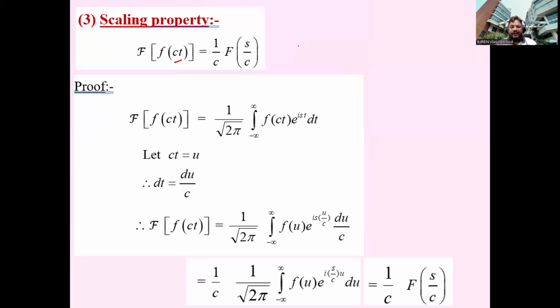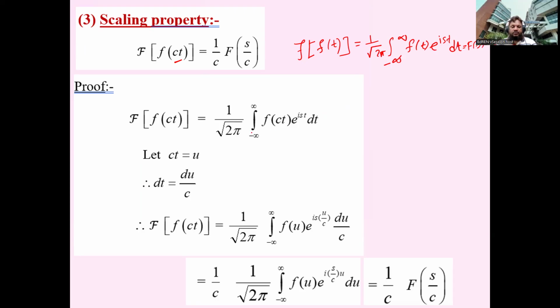So you have to keep in mind that the Fourier transform of f of t can be written as 1 by root over 2 pi, negative infinity to positive infinity, f of t e to the power ist dt, and we can write this value equal to the function of s.